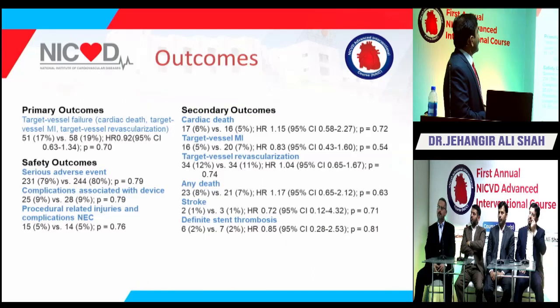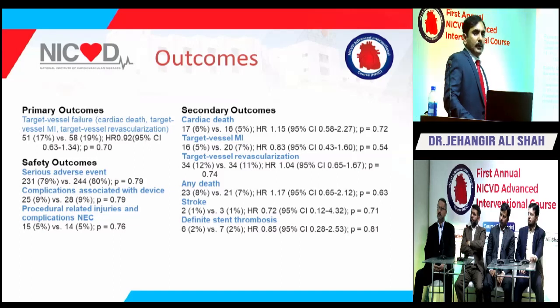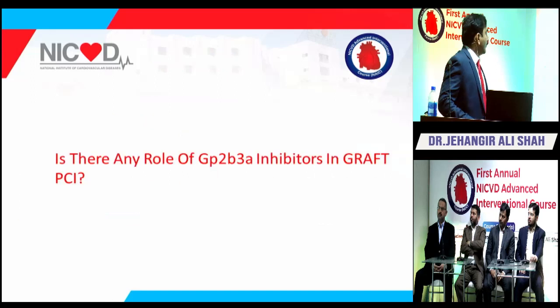The primary outcome was target vessel failure, cardiac death and target MI, and the secondary outcome included cardiac death. There was no difference between the bare metal stent and drug-eluting stent, even in the primary, secondary or any safety outcome. So you can place any stent in SVG intervention.